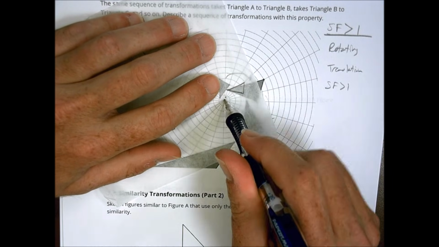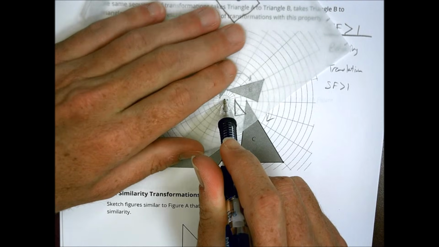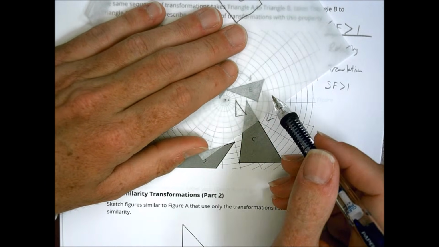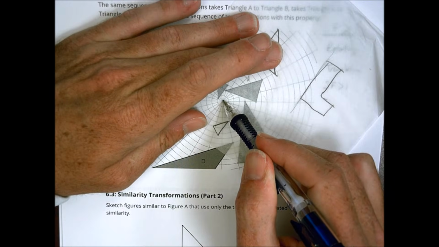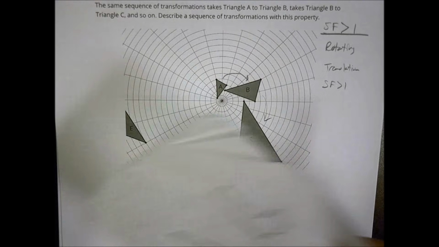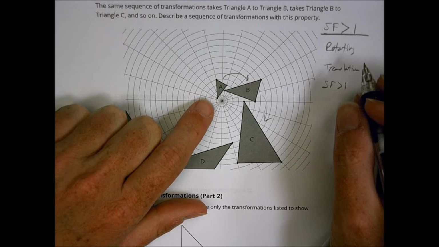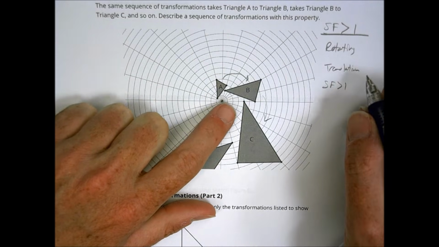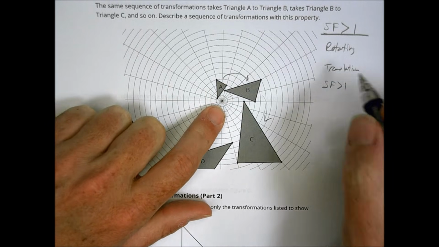If I translate that point up again to go to the next one, and translate it again, I have to go up some more. So we're constantly translating this shape up another unit or so. To go from A to B, there's definitely a rotation and a translation and a scale factor as well.